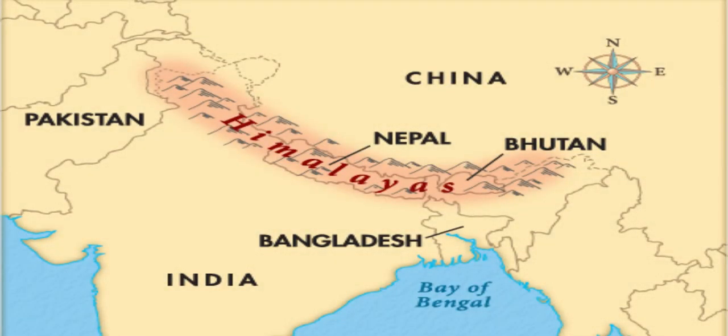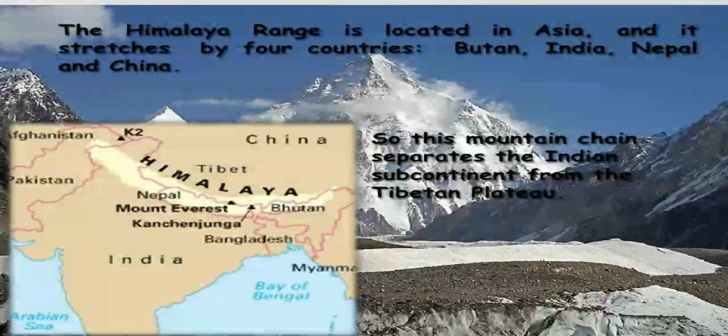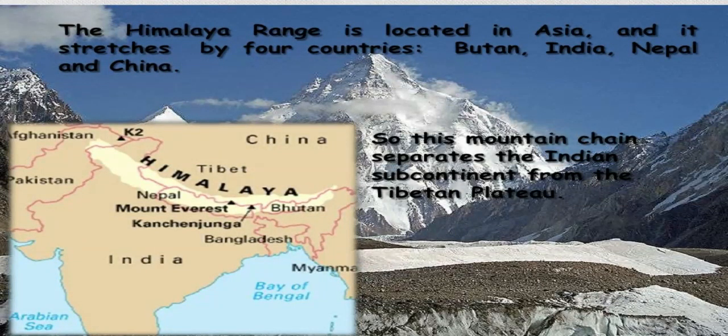So this is the map of the Himalayan range. Please try to spot the Himalayas in it. Could you find it? Yes, I'm sure. Tell it to your parents. Now, the Himalayan range is located in Asia and it stretches across 4 countries: Bhutan, India, Nepal, and China.